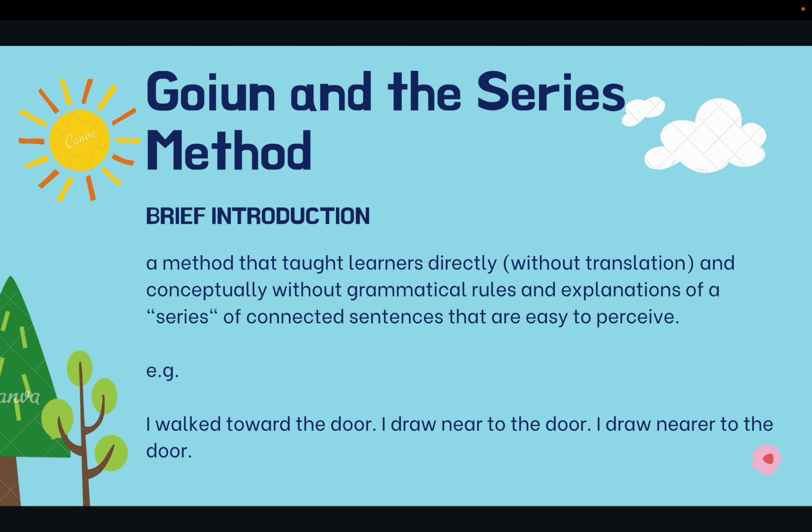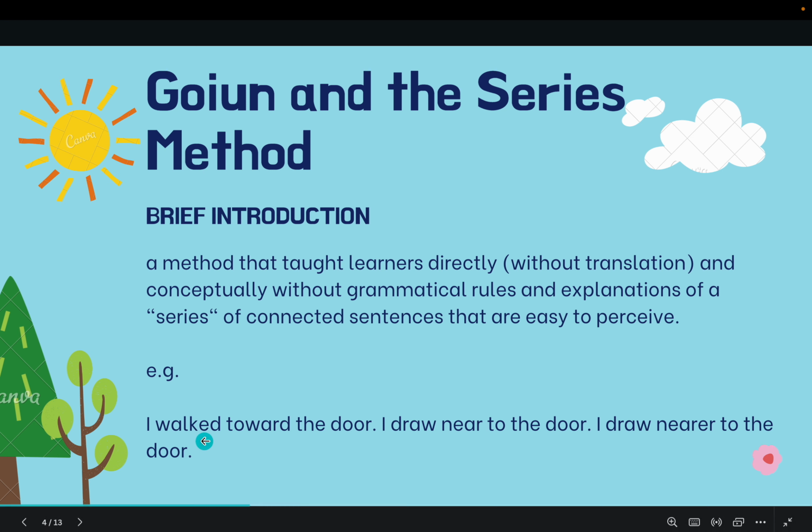Next is the Gouin series method. What is this? Well, like a series, it goes this way. It's a sequence or series of sentences in which the words actually change. For example, I walk toward the door. I draw near to the door. I draw nearer to the door.